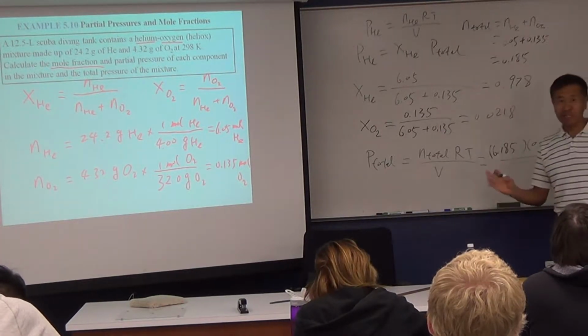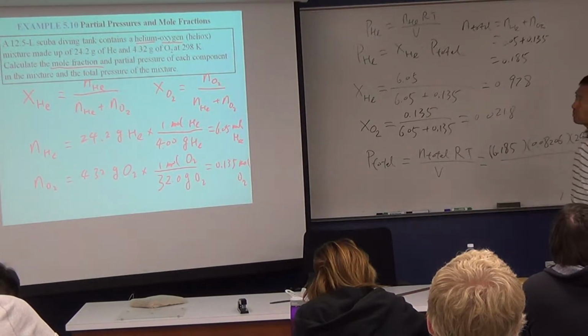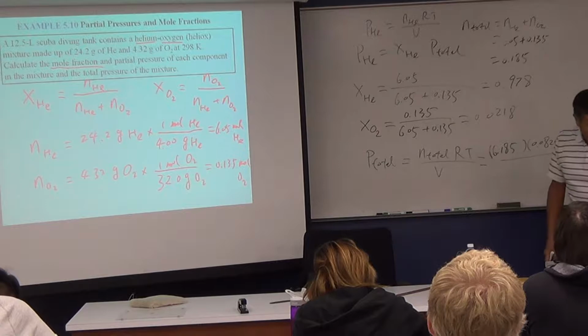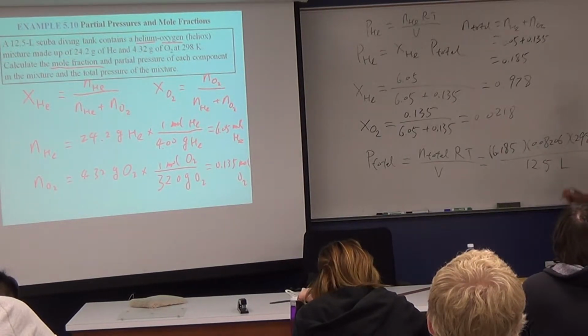You don't have to specify a temperature for helium and a temperature for oxygen, because every gas in the mixture has the same temperature, and the same volume. Our volume is 12.5 liters.